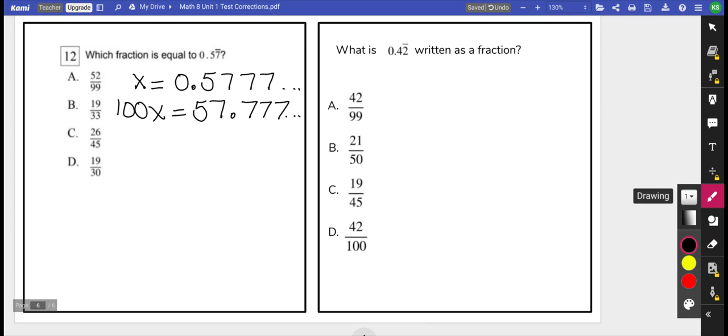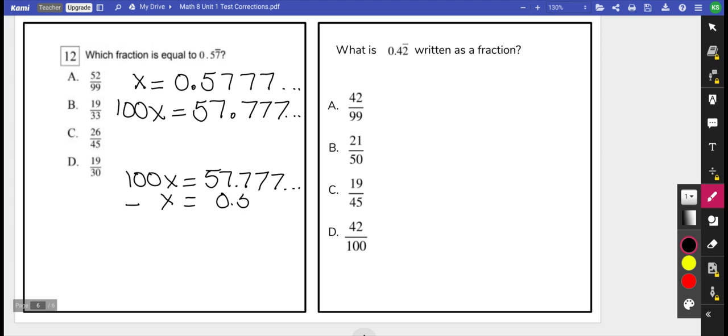So now what we need to do is do subtraction. So I'm going to rewrite the 100x equals 57.777... And I'm going to subtract the 1x, which is 0.577... So now I can solve.